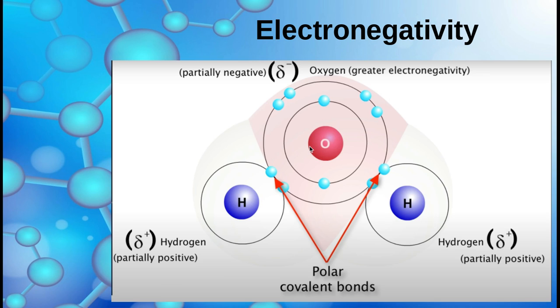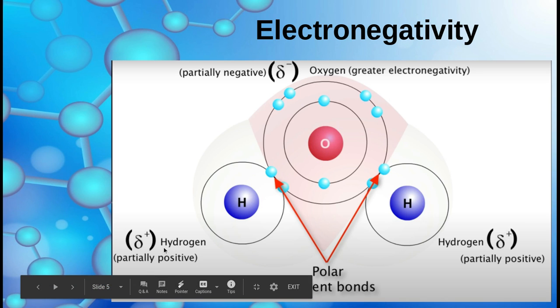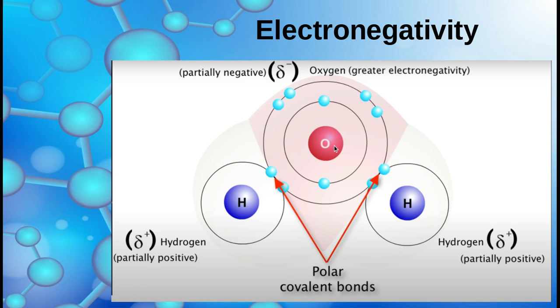Because it shares unequally and keeps the electrons most of the time, oxygen becomes partially negative. Not full negative, but a partial negative. That's like a little delta, delta negative. That's a partial charge. And over here, we have hydrogen with a partial positive. Hydrogen has the electrons less, oxygen has them more, therefore oxygen becomes a little negative, therefore this becomes a little more positive, and that is what we call a polar bond.